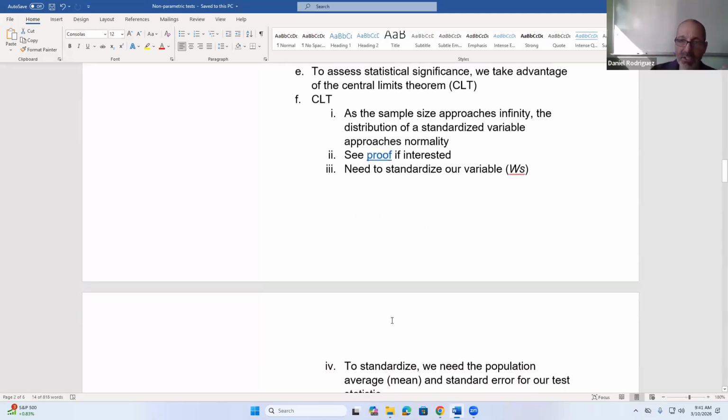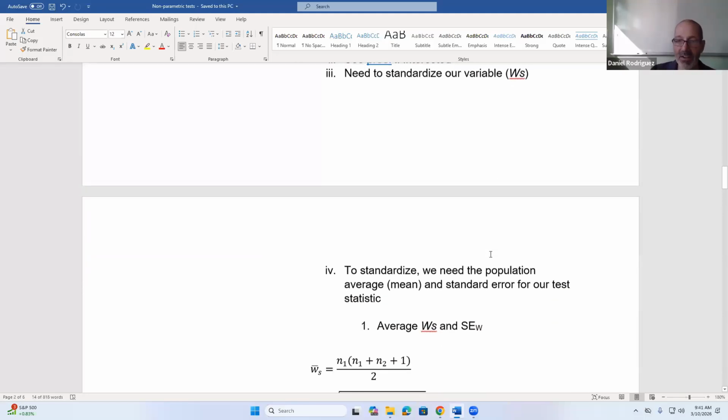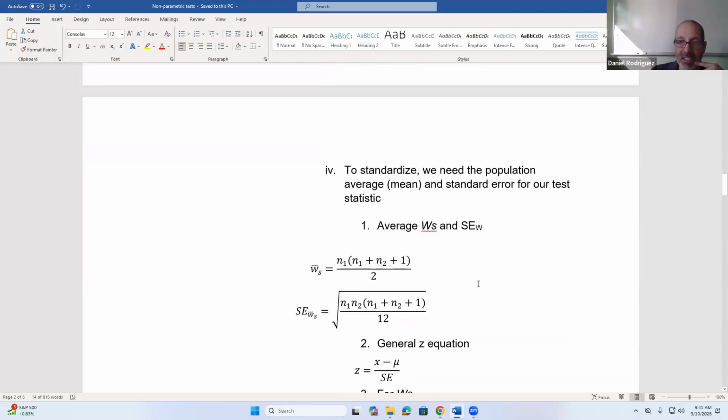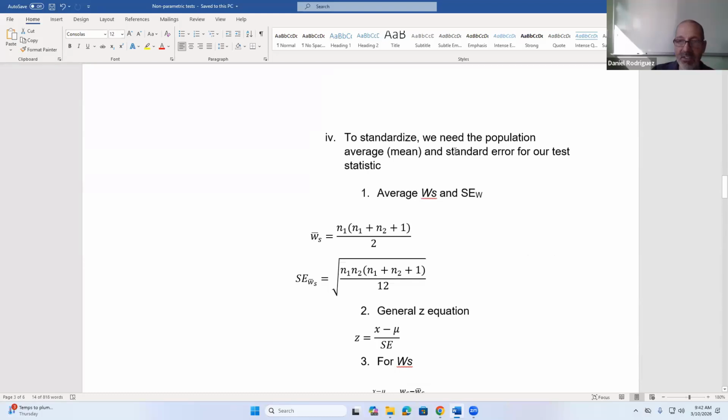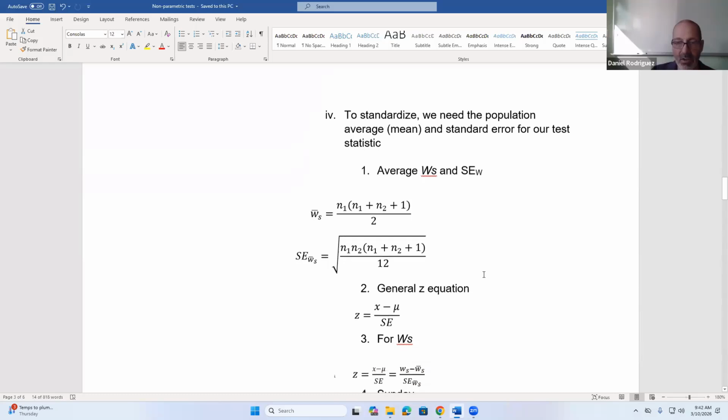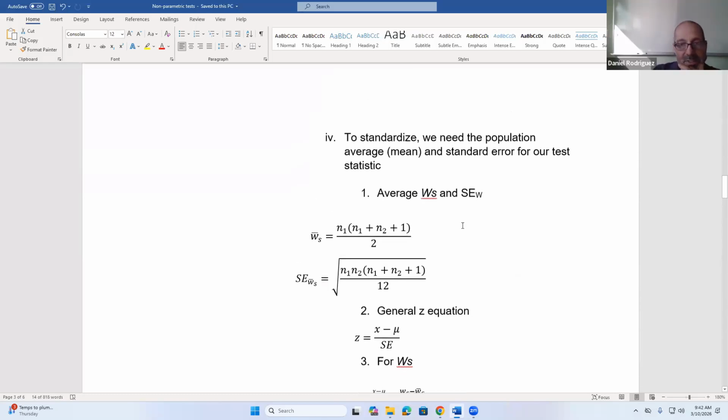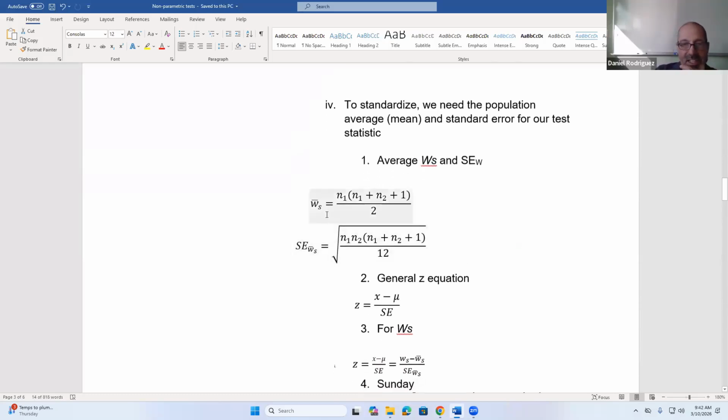Okay, but to do that, we need to standardize our variable. So let's take a look at this. This is an example of how we standardize our variable. We need some sort of a mean and we need a standard error, right? So this is our standardization. To get our mean, we get the mean of this W, our Wilcoxon test statistic.